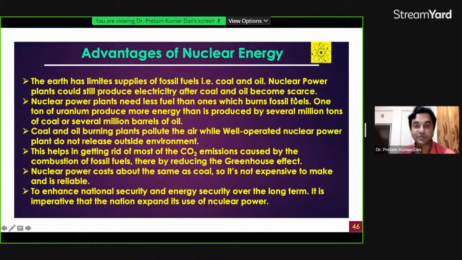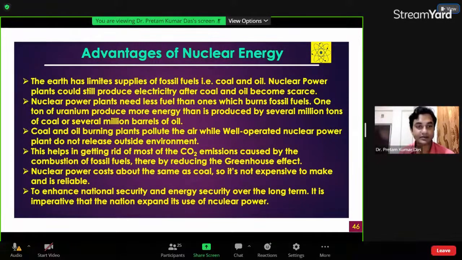A nuclear power plant needs less fuel than one which burns fossil fuel. If you compare fossil fuel with a nuclear power plant, you can see 1 ton of uranium produces more energy than is produced by several million tons of coal or several million barrels of oil. The extra plus point of using uranium is that a nuclear power plant shouldn't emit any greenhouse gases or harmful gases into the environment.